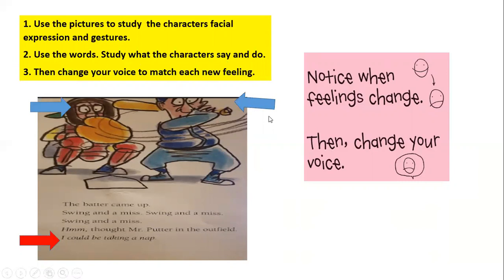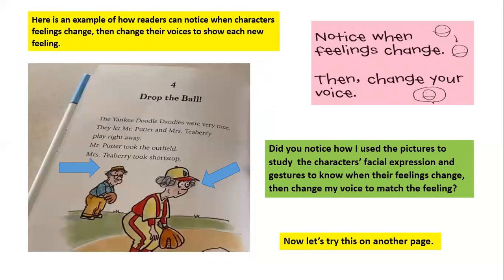Then I went back and reread the page in a different voice. Now finally I'm going to do the last reading to put this all together to get all of the feelings. Ready? Let's read. So chapter 4, now that I know the feelings of these two pages, here we go.